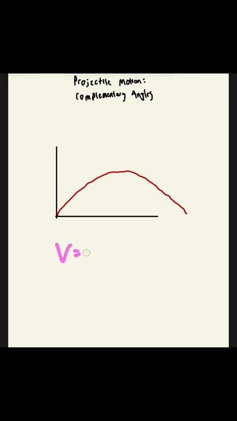Now, if we have different launch angles, and the launch angle refers to this angle here, okay? So that angle there, at different angles, there will be a different horizontal displacement for the projectile if the velocity is kept consistent.